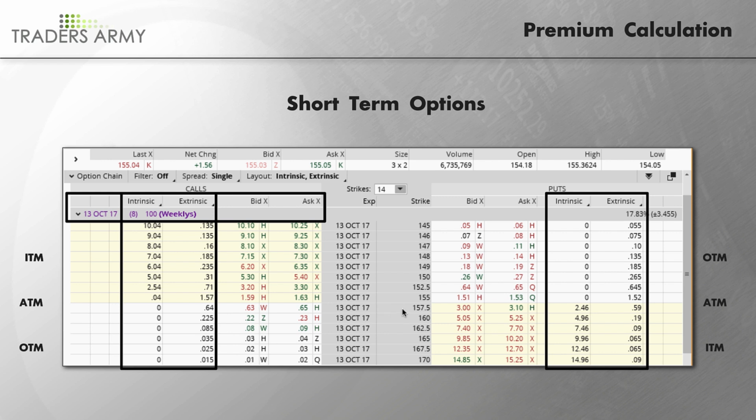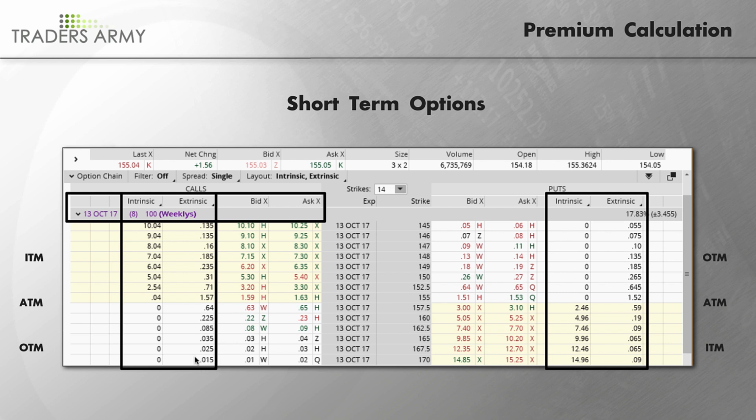Okay, as you go out of the money further higher on this option chain, you'll see no intrinsic value, but you will see extrinsic value also lowering simply because the probability of the, for instance, $170 call options being in the money within the next days, it's so unlikely those options aren't really worth anything at all.